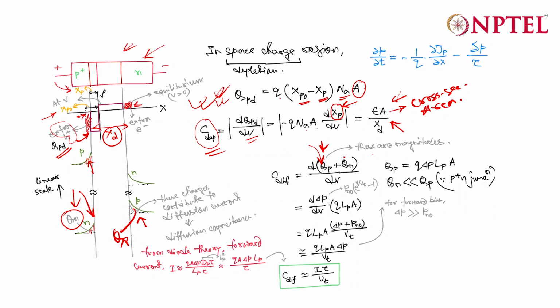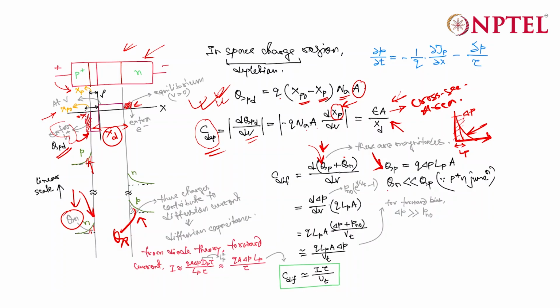Now if you put the expression for the Qp, which is nothing but q into delta p into Lp into A, right? So q into delta p means, if you look at this, this is your delta p and this is your Lp. So the charges will be nothing but the area under this curve.